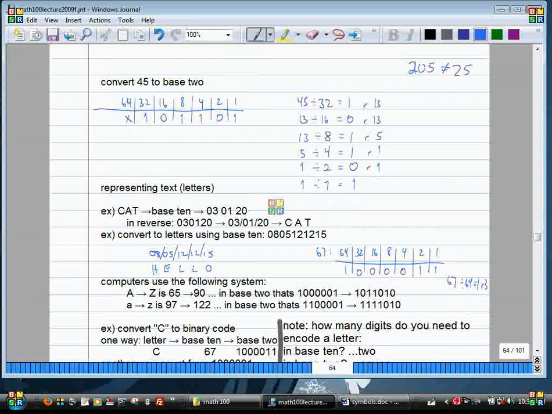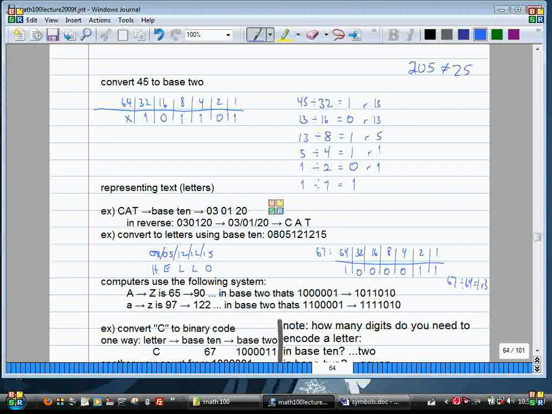So in base 2, what is capital A in this system? 1000001. So then we just have to count to B and then to C.